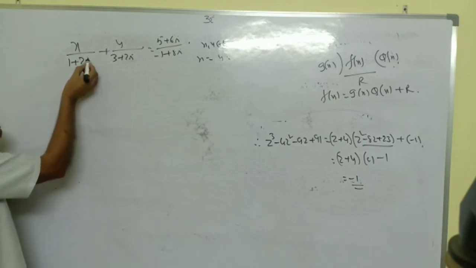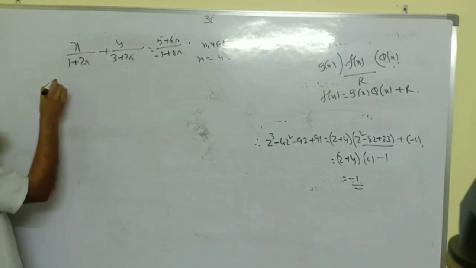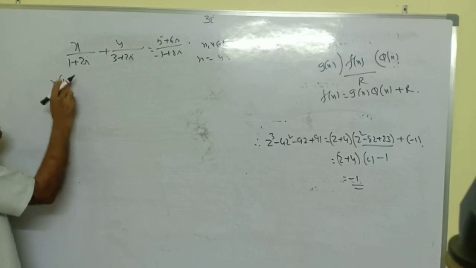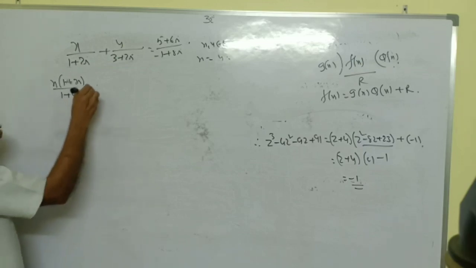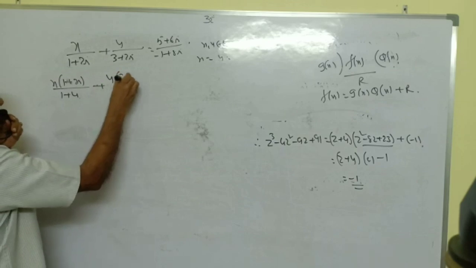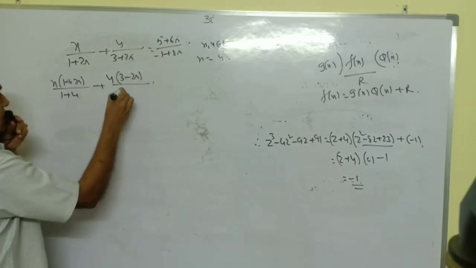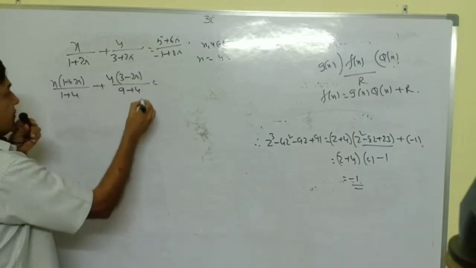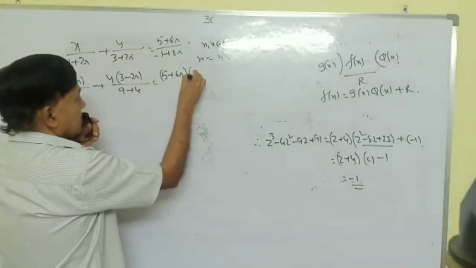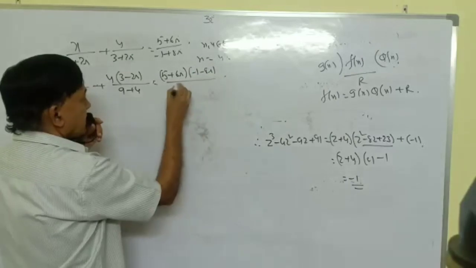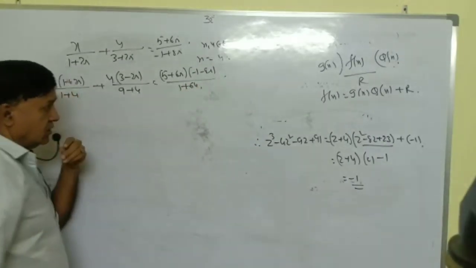See, to do this problem, first you multiply with the conjugate of the denominator. X into 1 minus 2i by 1 plus 4, plus y into 3 minus 2i by 9 plus 4, equals 5 plus 6i into minus 1 minus 8i by 1 plus 64.